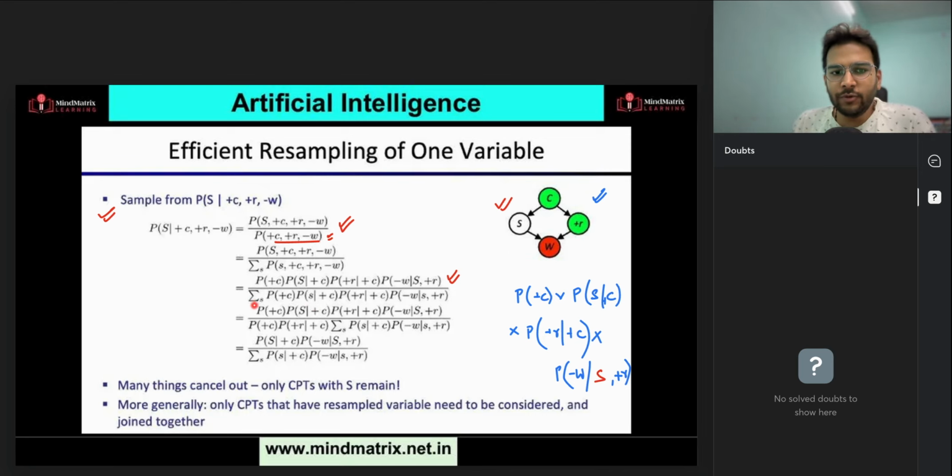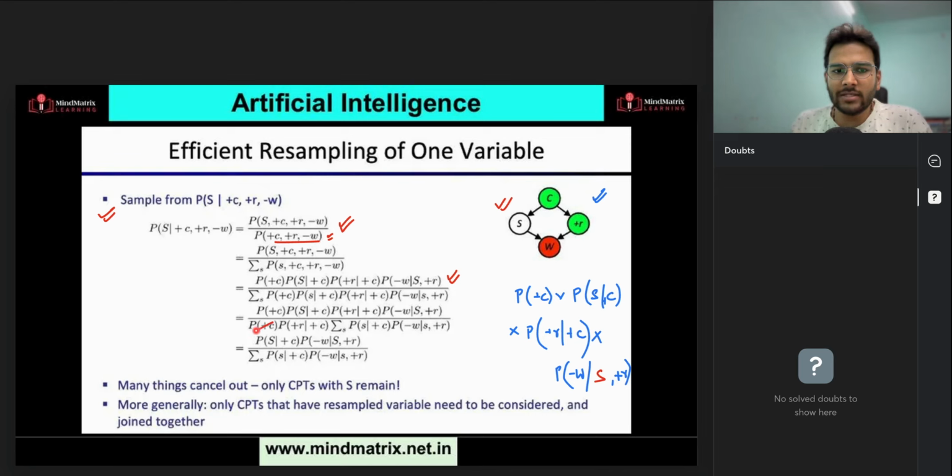Now in the denominator, you are taking the summation over S. That means whatever terms are not dependent on S, you can take out. Definitely we can take out the probability of plus C and the probability of plus R given plus C, and they will cancel out with the numerator.